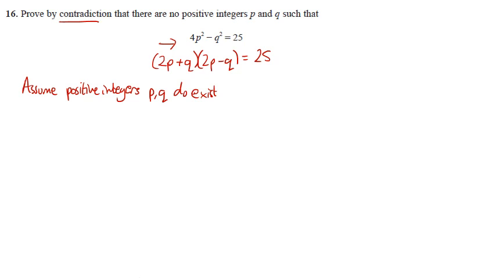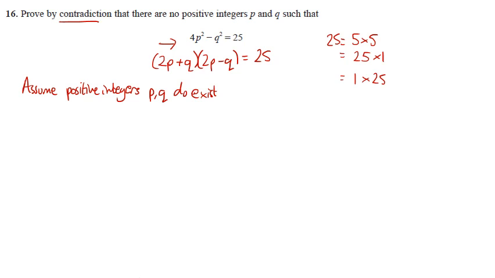So if they multiply together to give 25, then what we've got to think of are integers that multiply together to give 25. So 25 is equal to, we can write that as 5 times 5, or we can write that as 25 times 1.